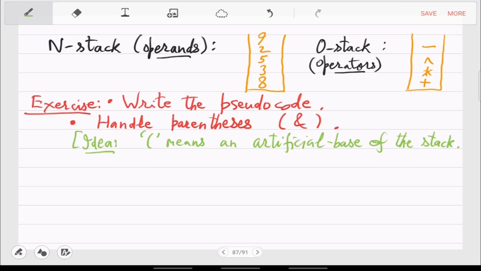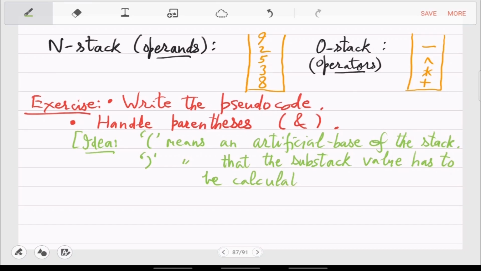So change the pseudocode for this. So this means that the substack value has to be calculated. Okay, so when you see closed, then you have to calculate from the artificial base to this point that value. So the fragment of the pseudocode will still be what you have written before.